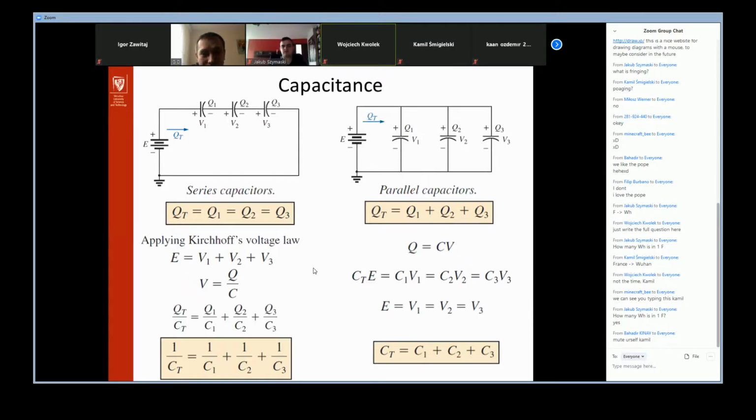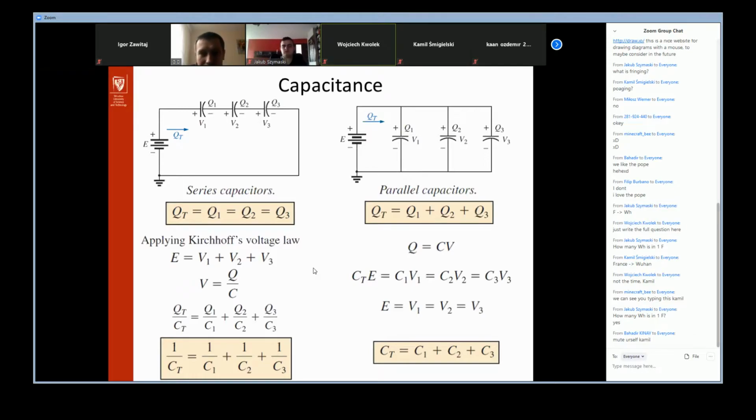For capacitance we get opposite equations compared to the resistances, and for inductors we get the same as for resistances. So only that information is needed, and you don't have to remember these examples. Just remember the total resistance for parallel and series connections, and that for capacitors they are opposite.